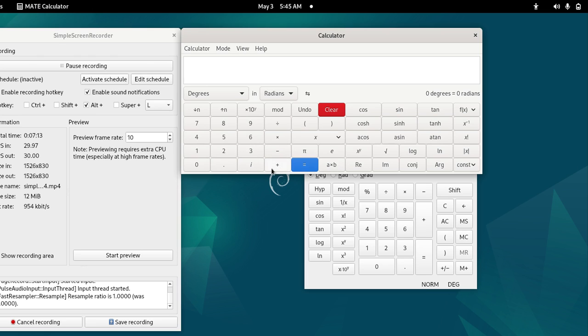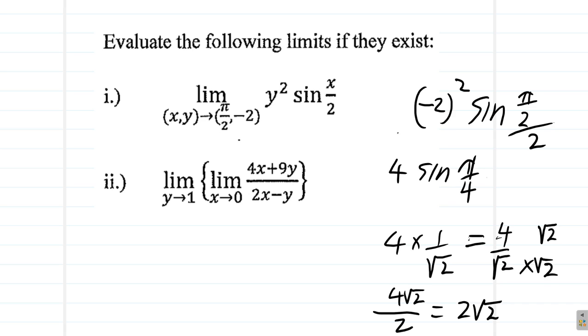Let's do it again. 1 over square root of 2 equal. Good. And then you have 4 multiplied by that equal 2.828 is what you would get. So to 3 decimal places, this will be 2.828. So the limit does exist, and we found it fortunately by just substituting.